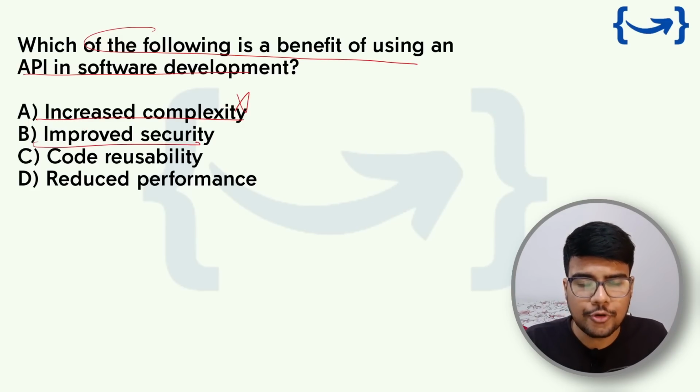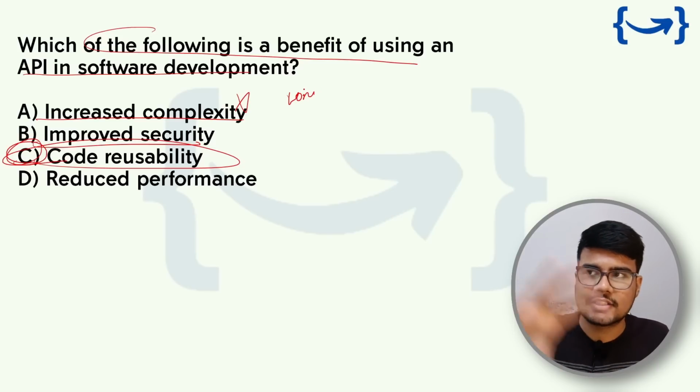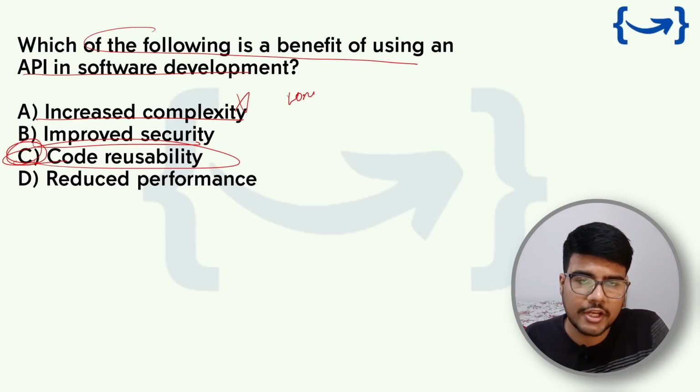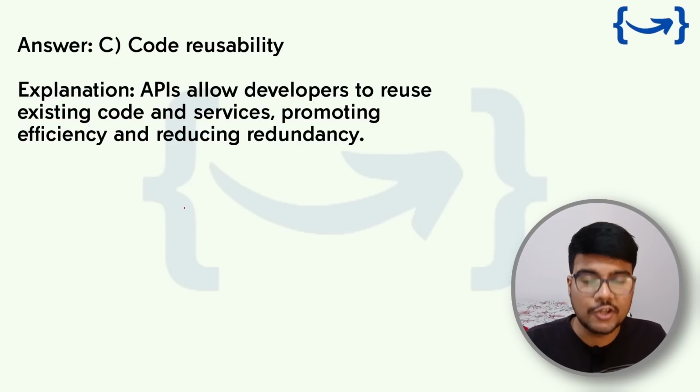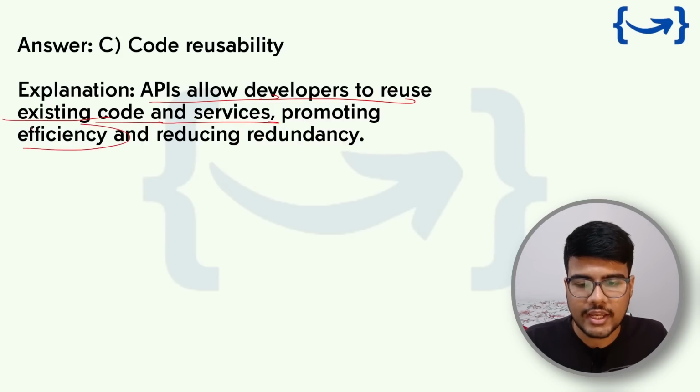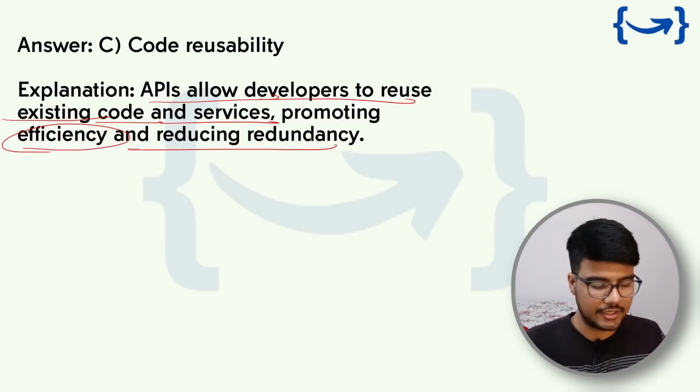No. Improved security? No, because the question is not about security. Code reusability? Yes, this makes sense because a company already wrote the code and they're just providing you the API where you just need to send a request and you will get a response. That's it. So reusability would be the right option. An API allows developers to reuse existing code and services, promoting efficiency and reducing redundancy.